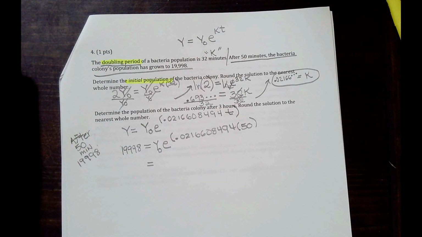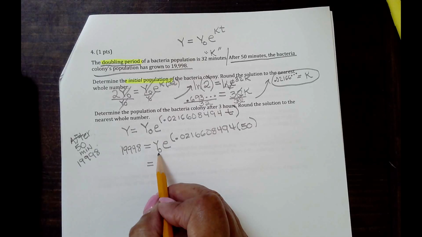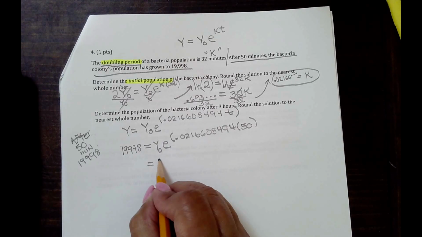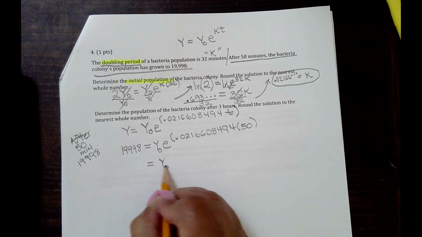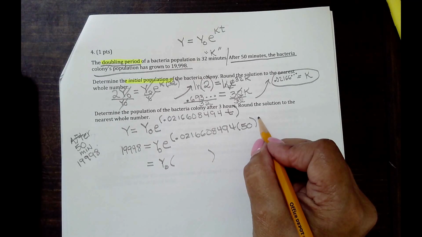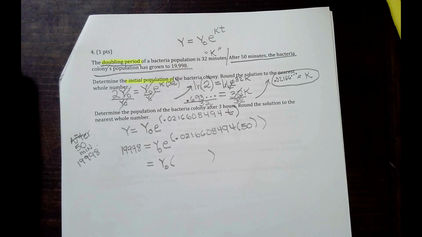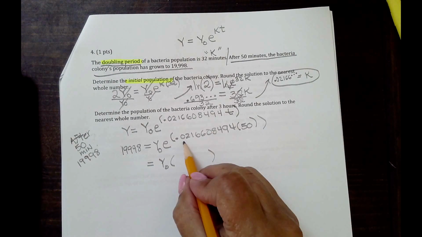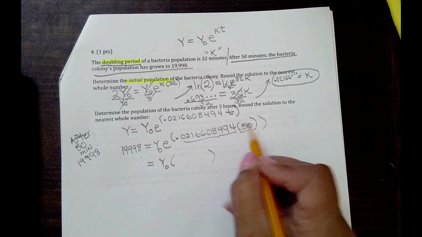Okay. So now we're going to get the initial population by solving for y sub 0. Let's just get a decimal instead of having these two multipliers right here. So it's going to be e raised to a power of this times this.